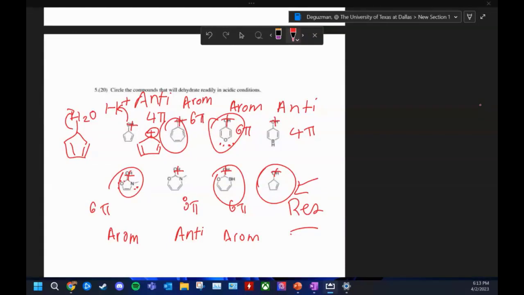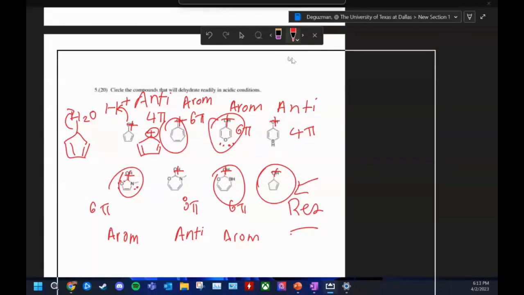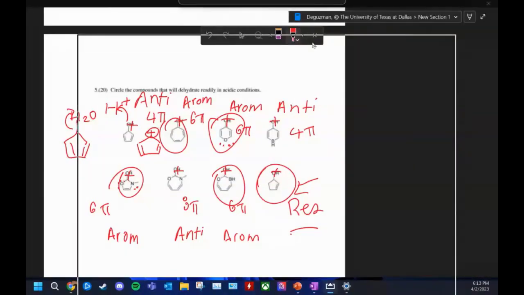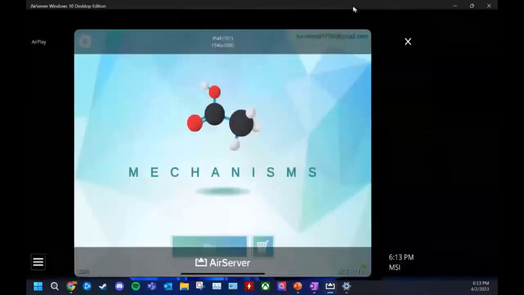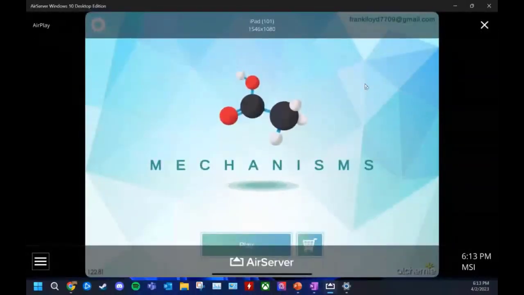Okay, before we go answer the questions on the problem set, I do want to show something that could possibly be helpful. So I used this when I was in class. There's an app called Mechanisms, right?